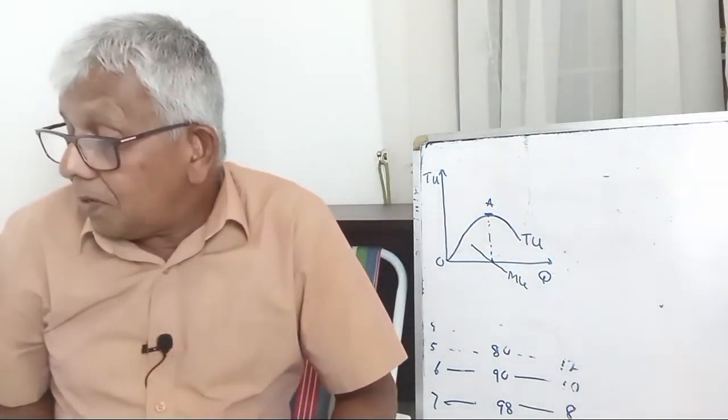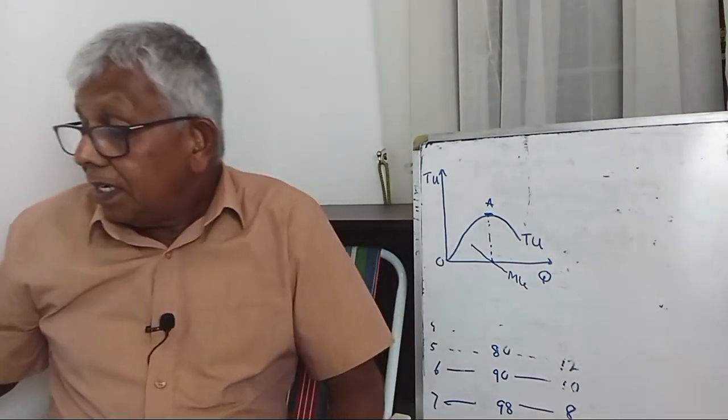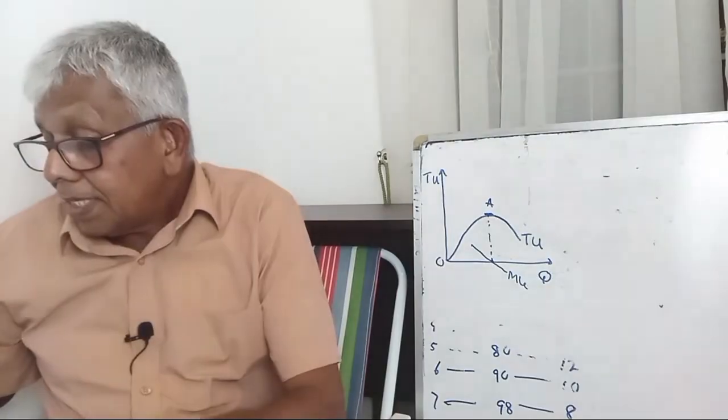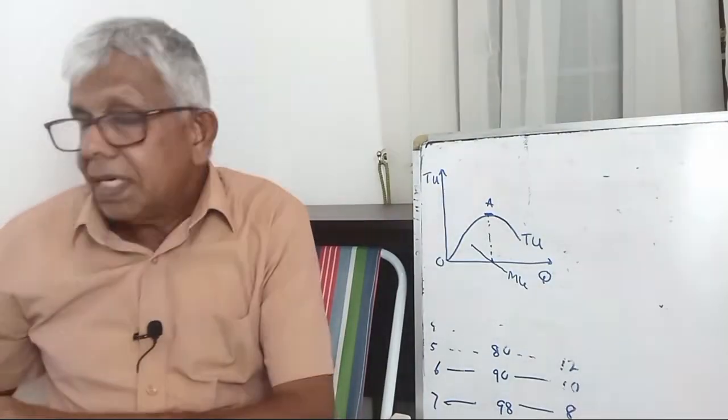Where MU is 0, TU is at its maximum. And when MU is negative, TU is decreasing.